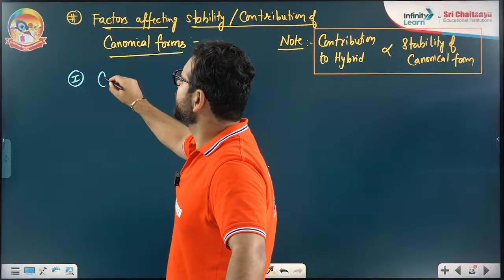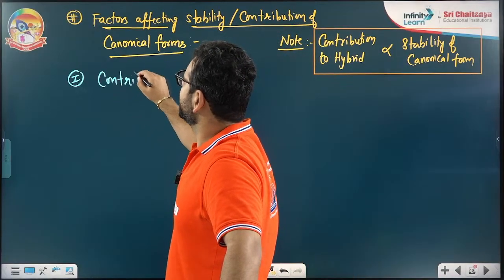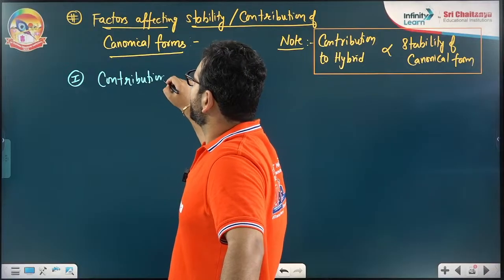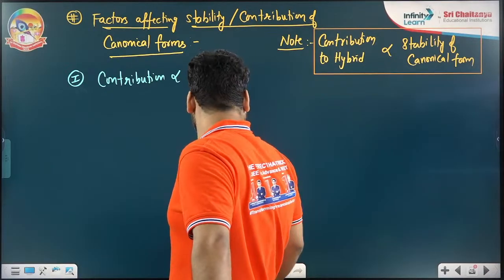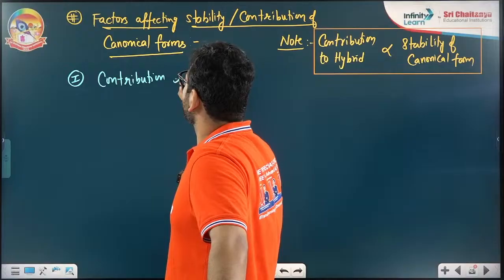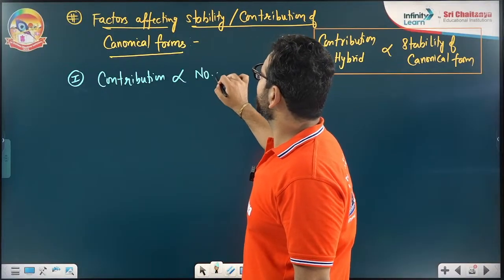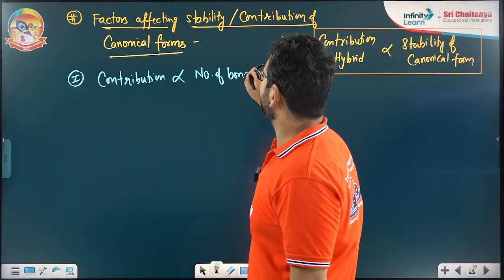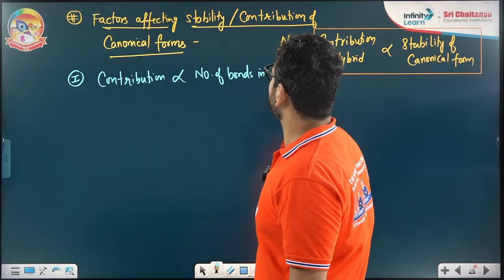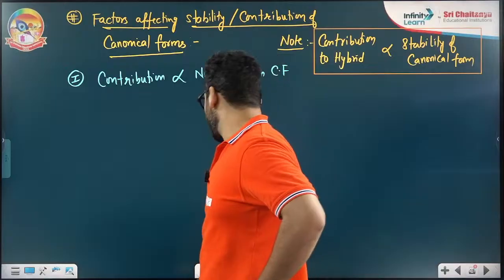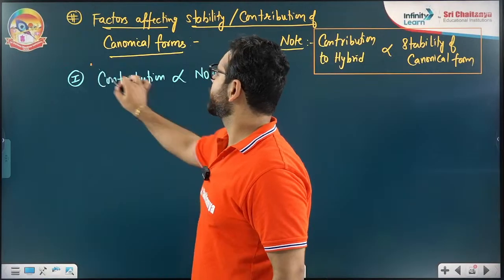So first, contribution or stability is directly proportional to the total number of bonds in the canonical form. So more bonds, more contribution.